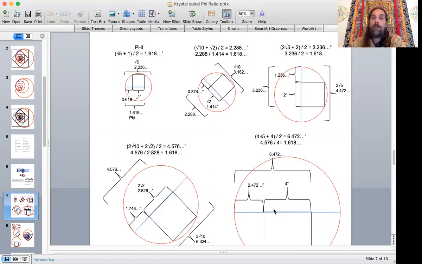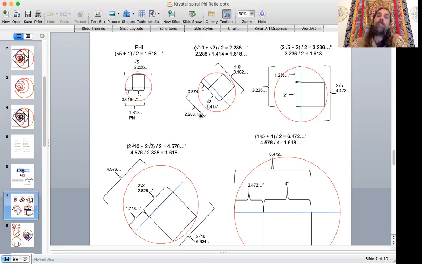But I didn't realize it was contained in the Krystal Spiral, that it was going to continue to show up over and over again. So it's just leading me along a path of discovery. And I'm thankful to be able to share some of these insights, which become totally obvious after I've worked on deciphering this for weeks or months and years at a time.